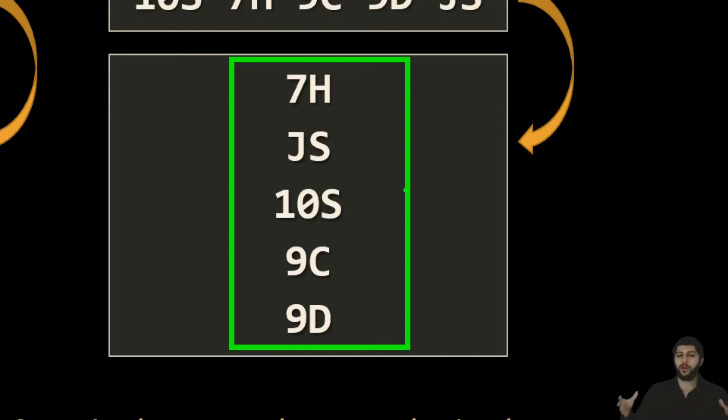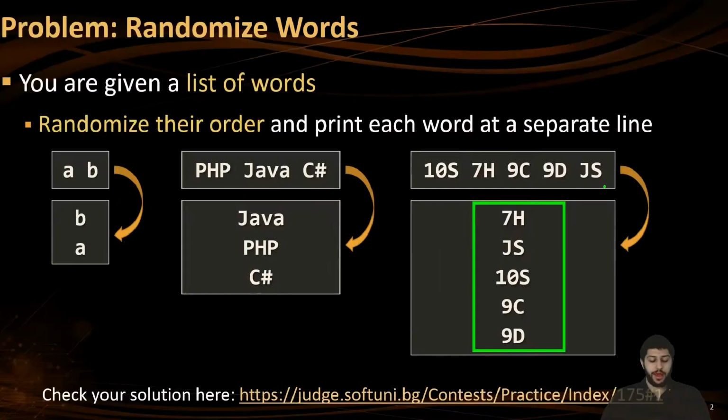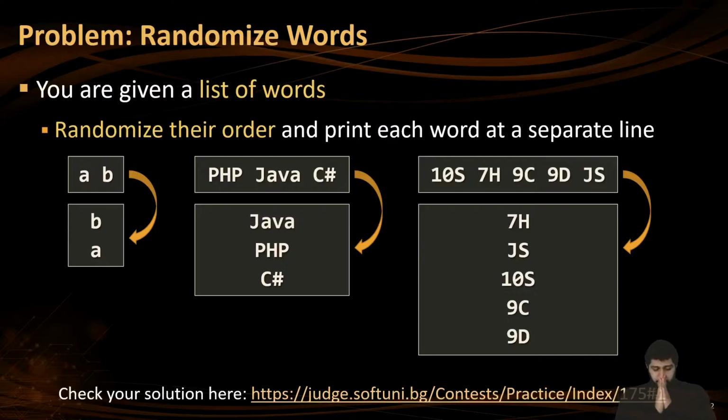Just find a way to shuffle them around. How do we do that? Well, pause the video and try to figure it out on your own. Try to find a way to solve this using the built-in C# API classes.